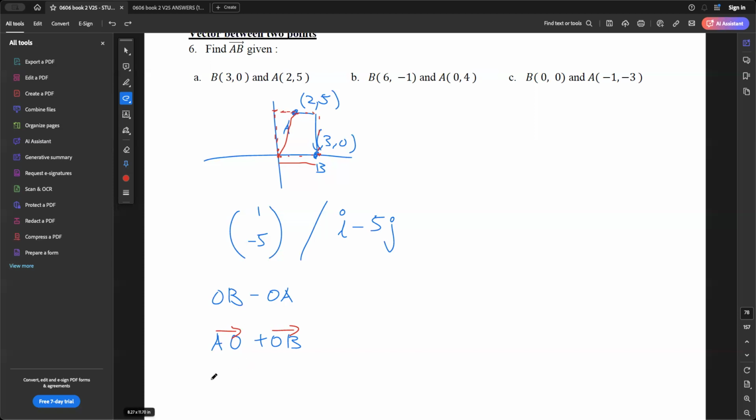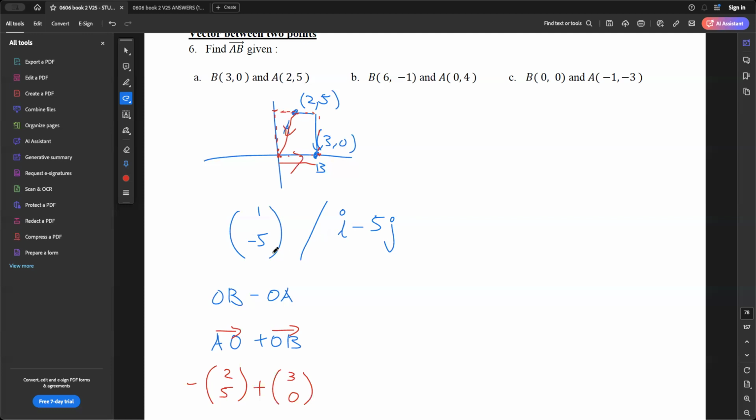Anyway, A to O is actually negative of 2, 5, right? A to O going this way and then plus O to B, which is 3, 0. So I guess in the end it goes back to your method also, right? A to O, then O to B.